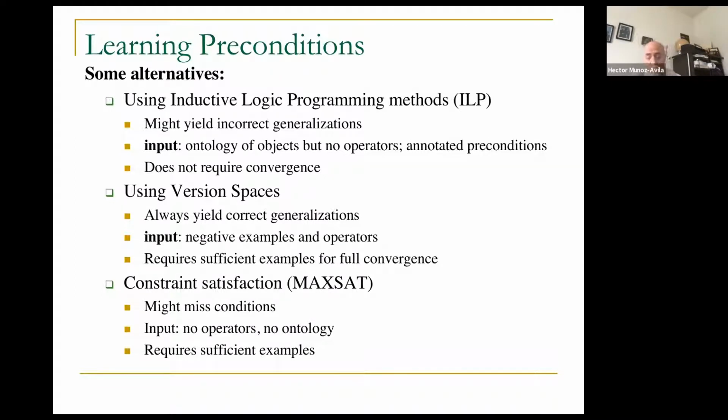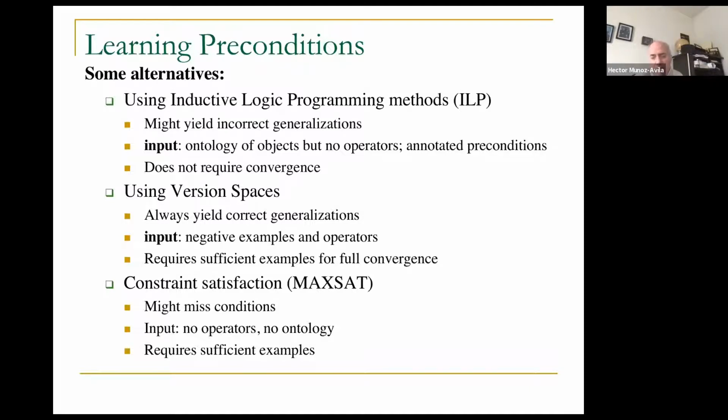In some situations that might not be possible. The other thing is it's very brittle. If you have examples that are mislabeled, so if something was a positive example, but you meant to say negative example, then it will collapse the version space.